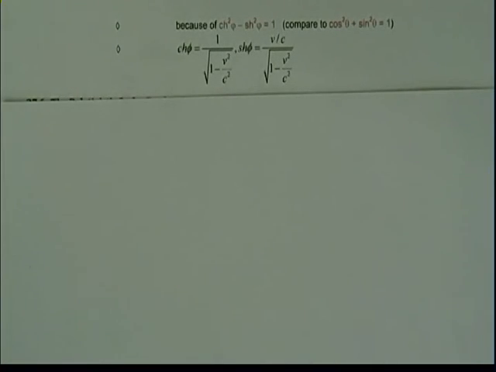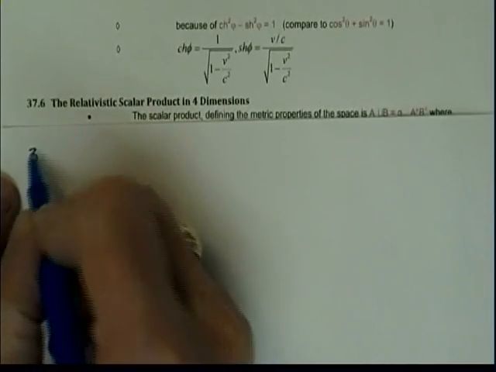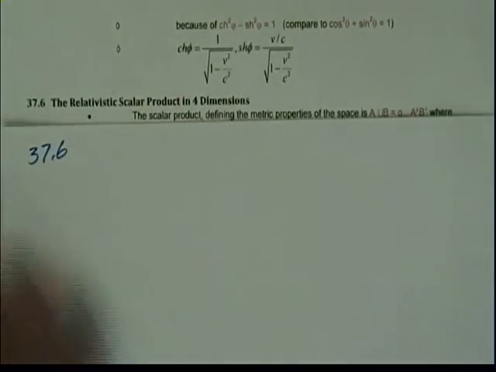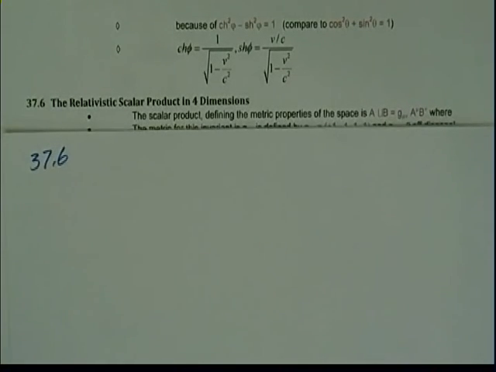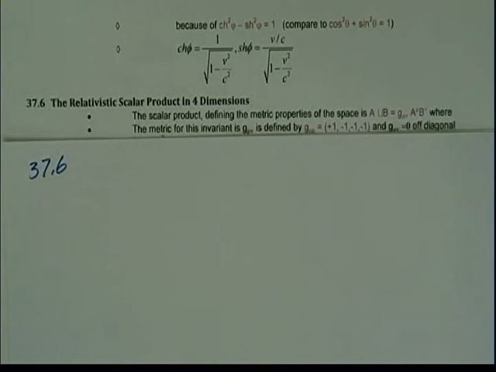Now, what we're doing now is beginning with chapter 30, module 37.6, the relativistic scalar product. Kind of like the last section, this relativistic scalar product is a little bit advanced for the 201-202 algebra trig level.